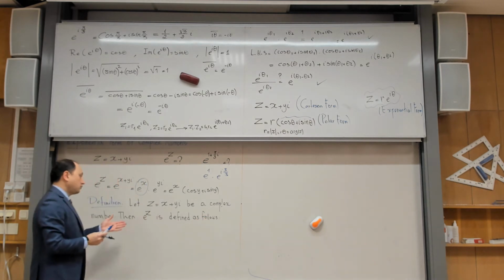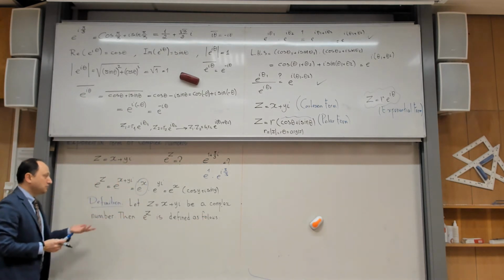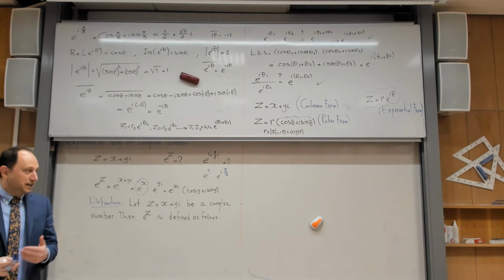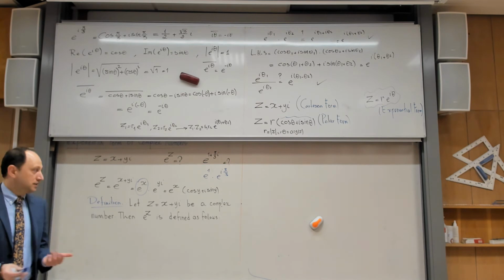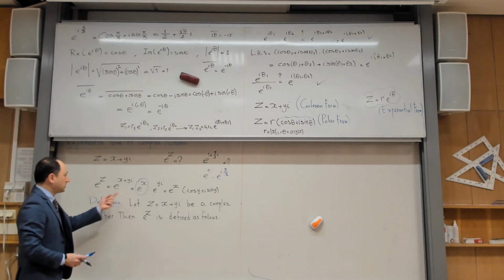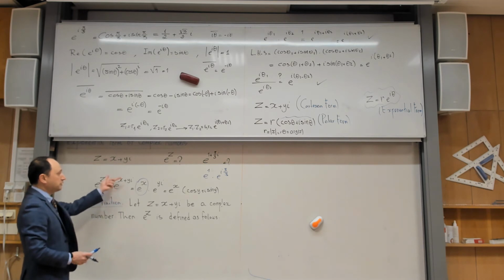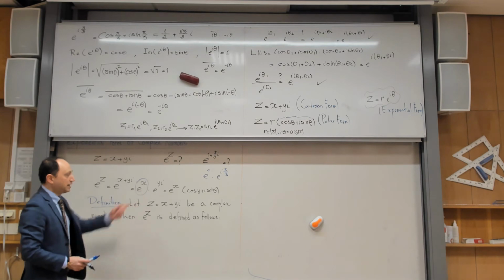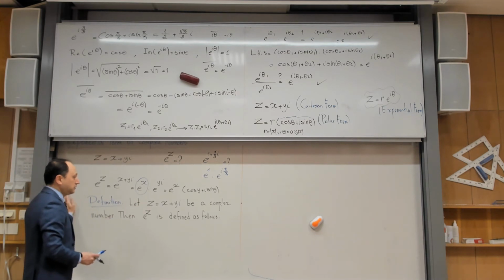So you might ask why we define it in this form. I would say because this definition is natural. Natural in the sense that it keeps the consistency with other parts of mathematics. What we expect, because my expectation from my previous knowledge in real numbers is that this should be valid. That's the most natural way to define it.